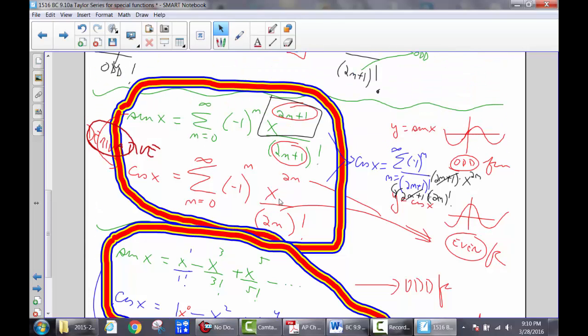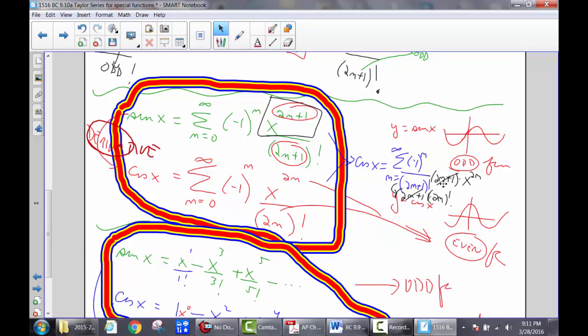You can look at it summation-wise. If you take your negative 1 to the n as a constant, I have negative 1 to the n over 2n plus 1 factorial, because this whole thing is all n's. Then I'm differentiating x to the 2n plus 1, which will be 2n plus 1 times x to the 2n plus 1 minus 1.